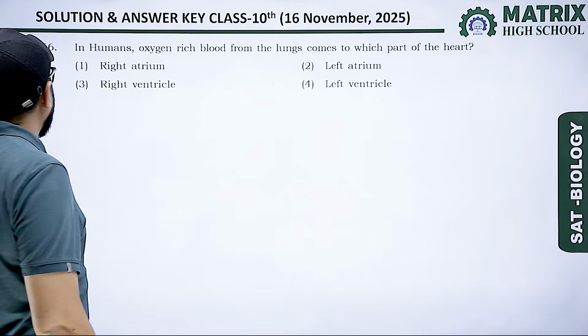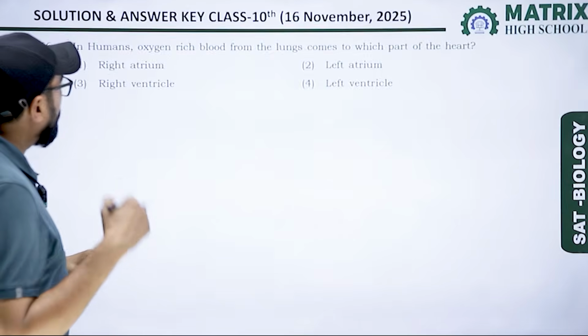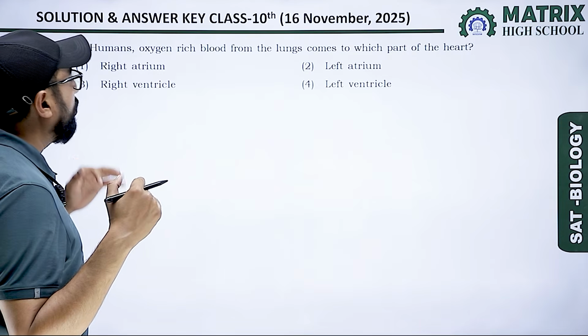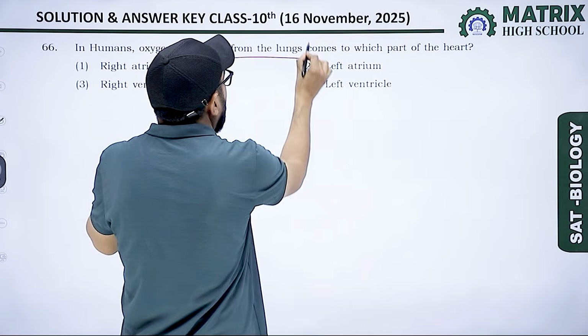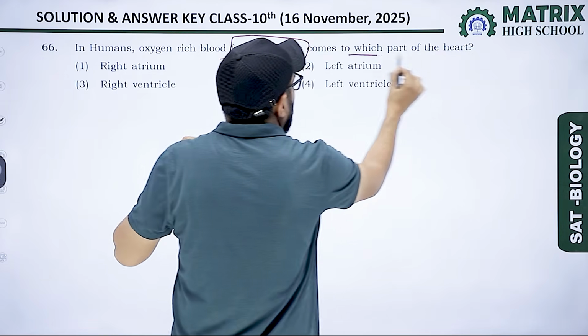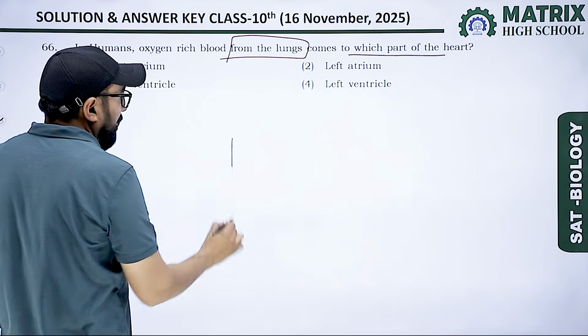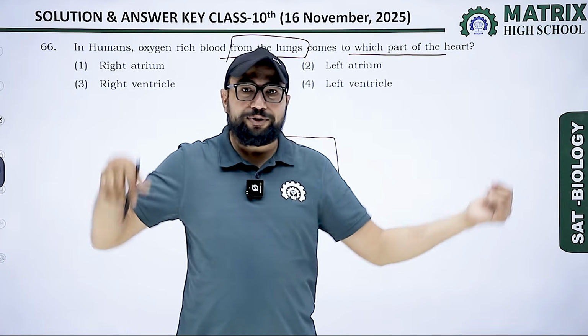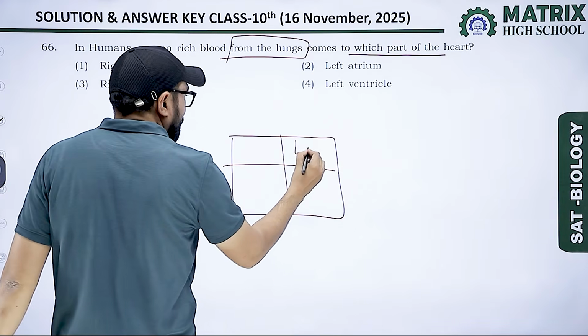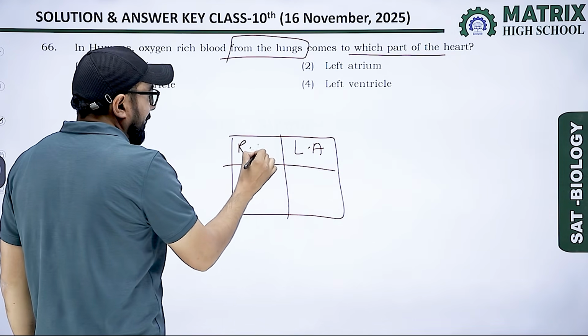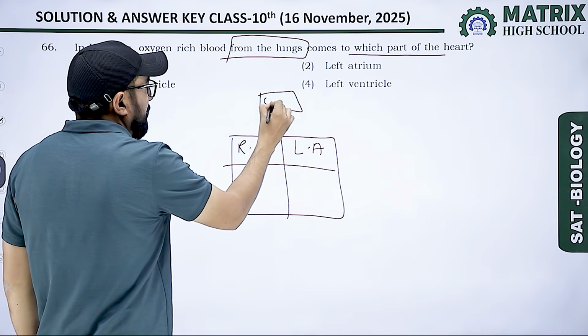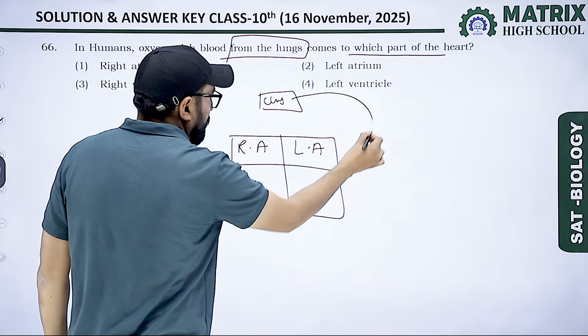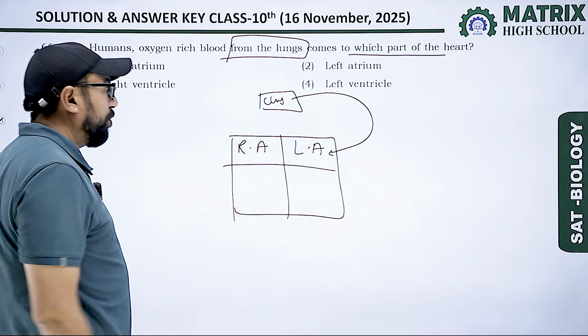Next, in humans, oxygen-rich blood from the lungs comes to which part of the heart? Left or right? From the lungs to the left atrium.